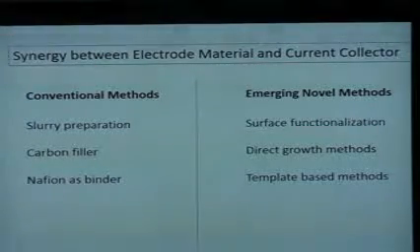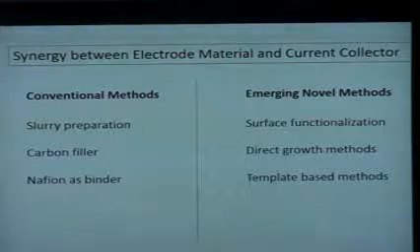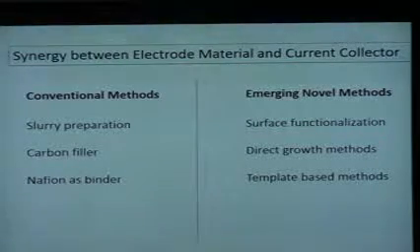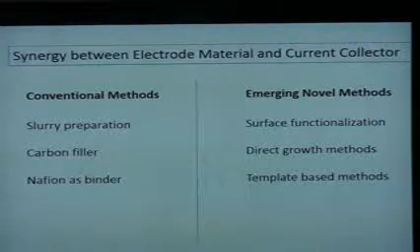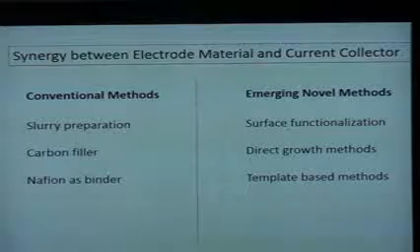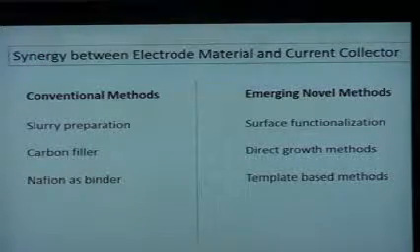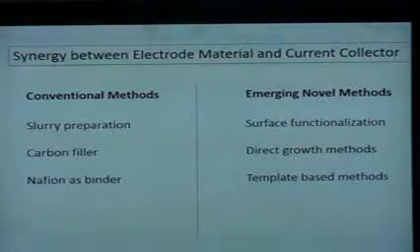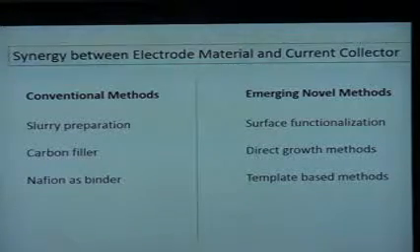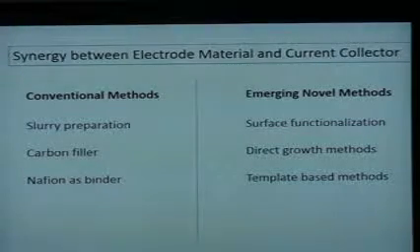While emerging and more novel techniques include surface functionalization, where you bring the material on a template which can be in the form of a 3D architecture, or you can do some growth process. You can have an insulating template, and then you grow the material. These kinds of methods have been discussed in the previous lectures, so I will not go into the detail. But these are more emerging methods which are used for this kind of device fabrication, because you need high surface area. Keeping that in mind, these methods are used.